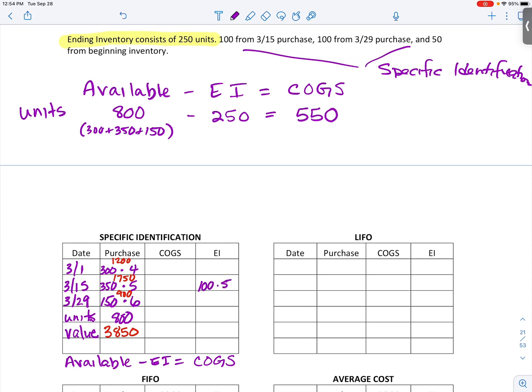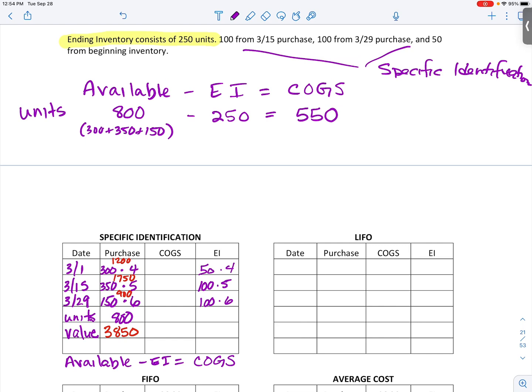Those all cost $5. They also tell me I have 100 units left from my 329 purchase. Those cost me $6. And they tell me I have 50 left from my beginning inventory.